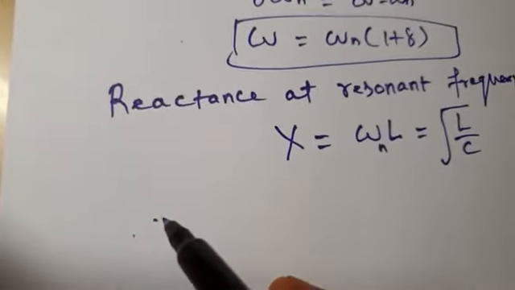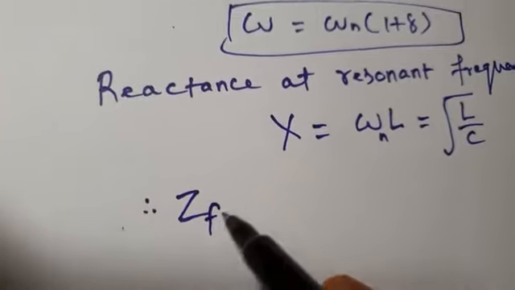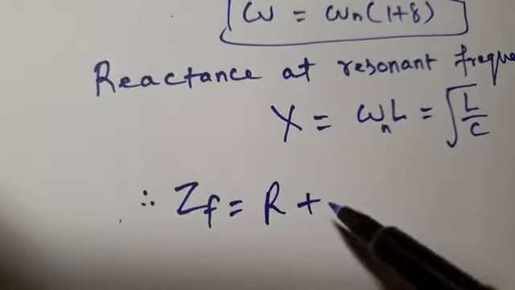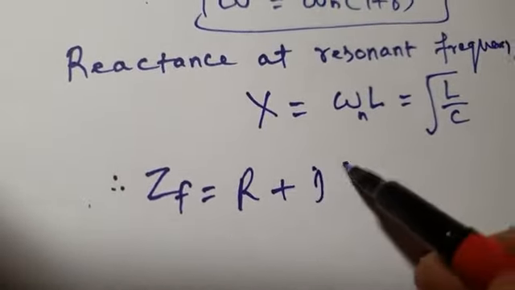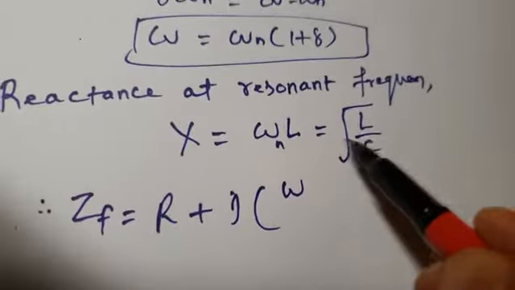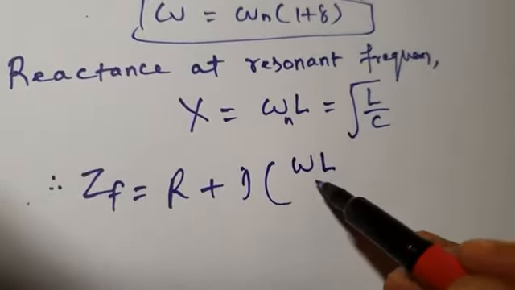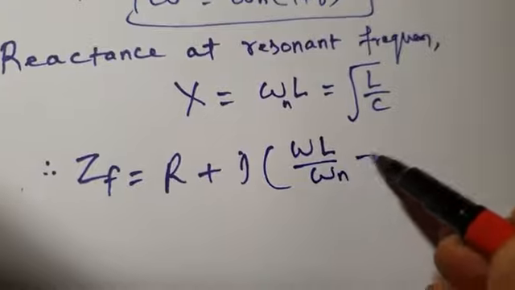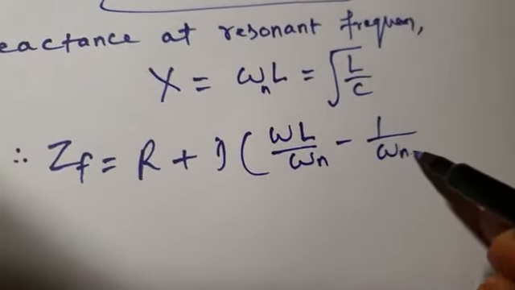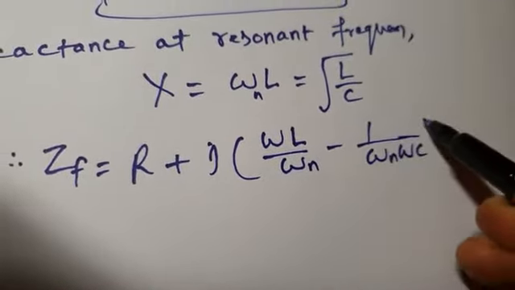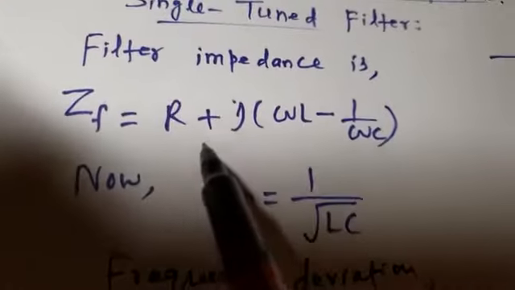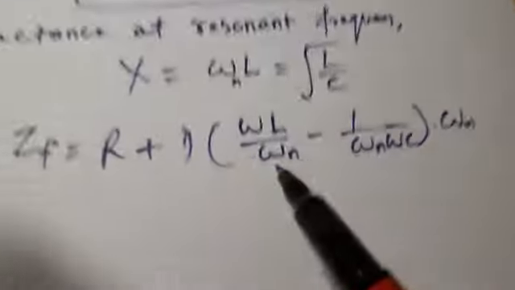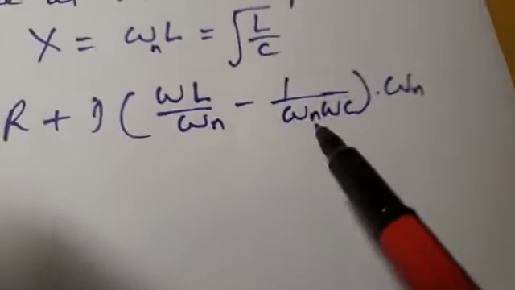Therefore, the filter impedance will be given by ZF equal to R plus j times, if you substitute and solve it, omega L by omega n minus 1 by omega n omega C. In the actual equation there is no omega n, so if you divide this by omega n, you also have to multiply by omega n.